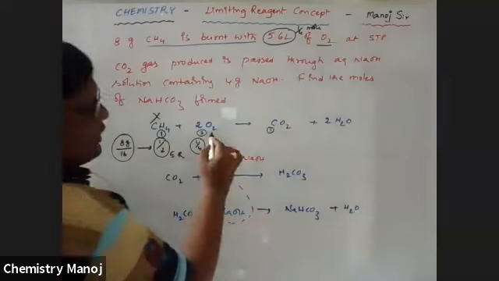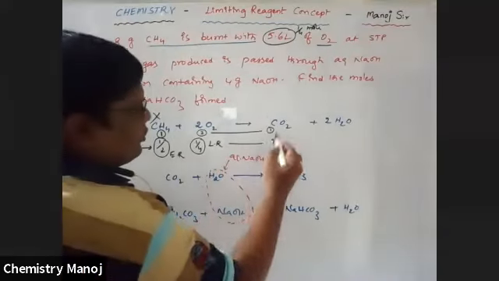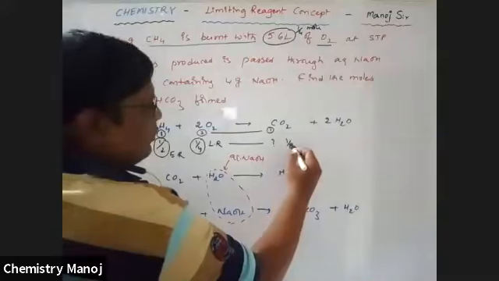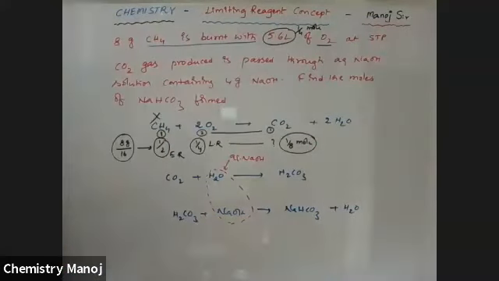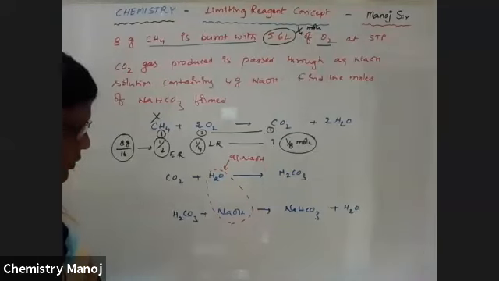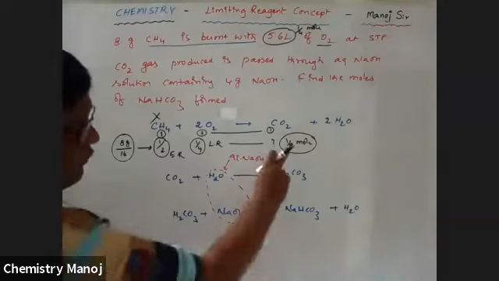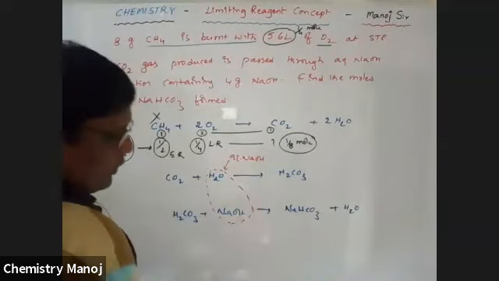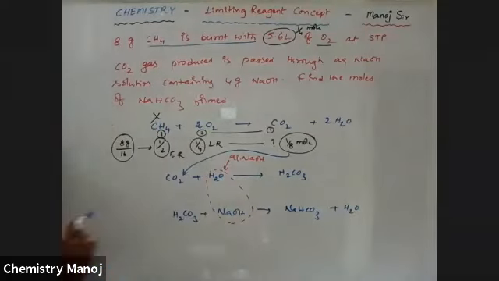So 2 moles gives 1 mole CO2. How many CO2 does 1 by 4 moles give? That is 1 by 8 mole CO2 formed. This CO2 is used here.